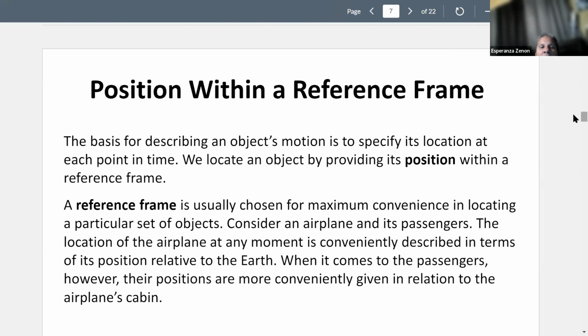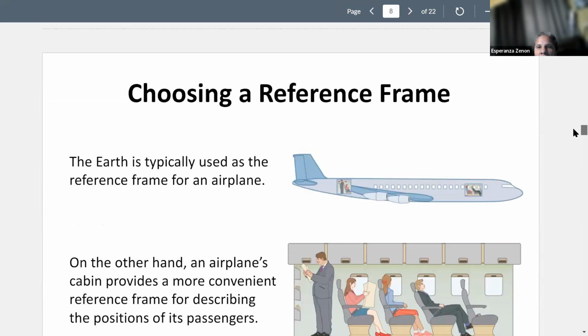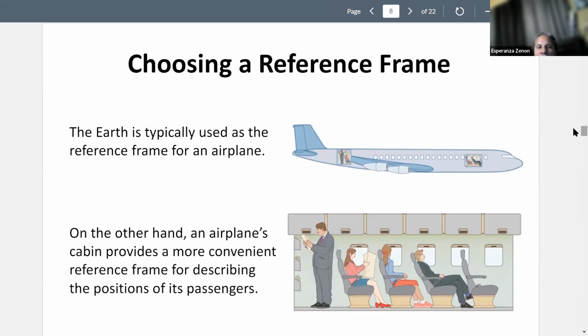Okay. And they give the nice example of the airplane here in the packet. So you choose your reference frame in the simplest fashion possible. For example, if you're a passenger on the plane, with respect to the plane, you are not moving.